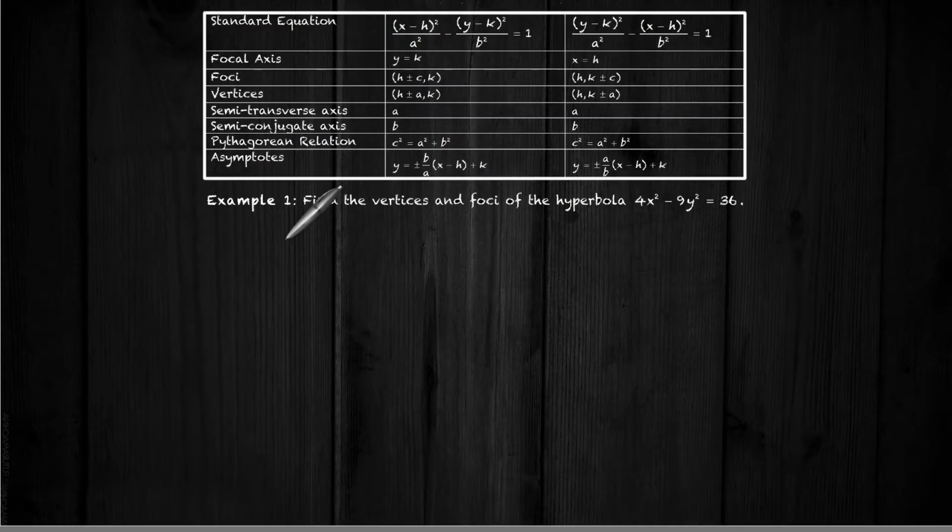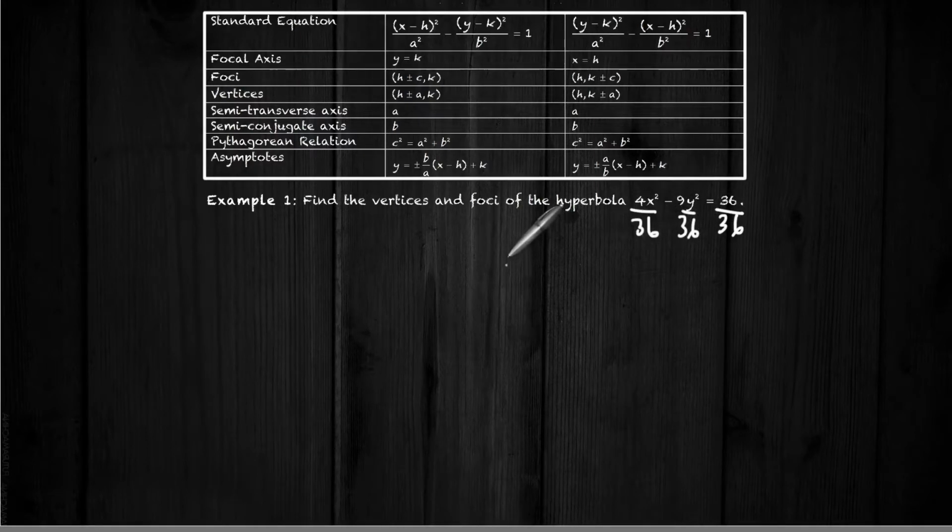So in this first example, we have the hyperbola 4x squared minus 9y squared equals 36. And the first thing that we know that we need to do is divide everything by 36 so that we can get this equal to 1.